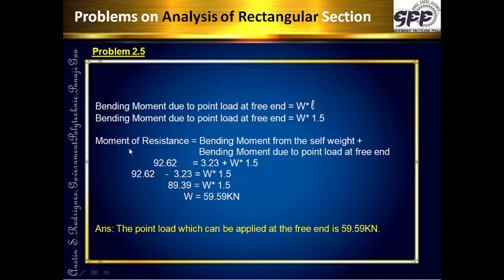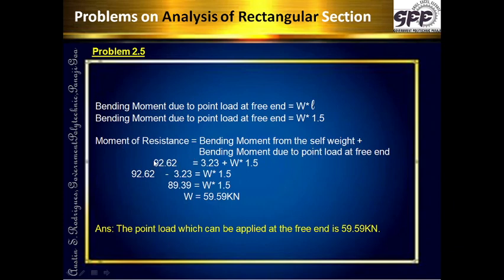Now as I was discussing, the moment of resistance, that is the internal moment, the internal resistance to counteract the externally acting bending moment, will be equal, in the force equilibrium condition, to the bending moment from the self weight plus the bending moment due to the point load at the free end. The total bending moment acting will be equal to the moment of resistance.